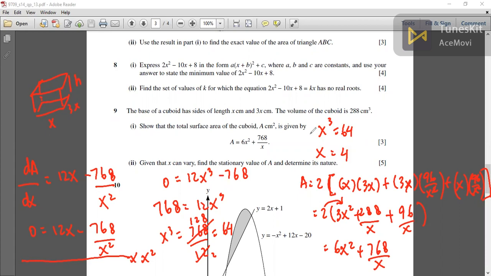If x is 4, we can get the value of A: 6 times 4 squared plus 768 over 4. So A will be 288.